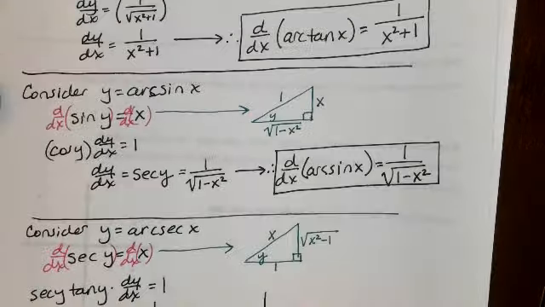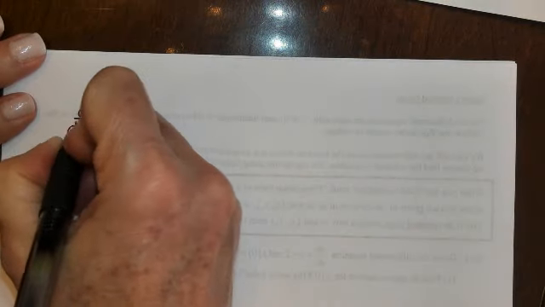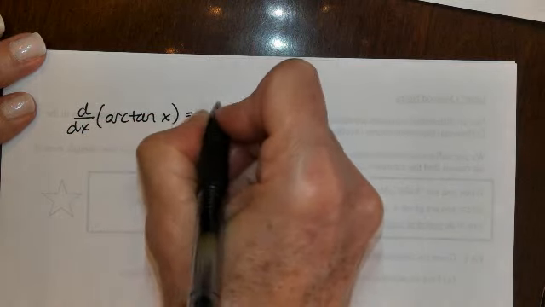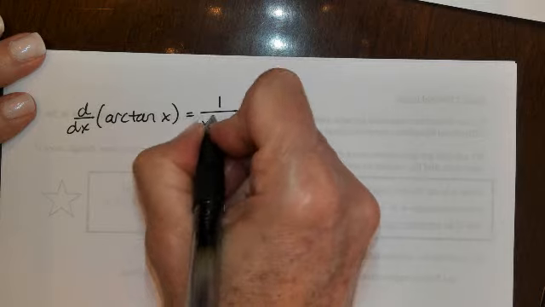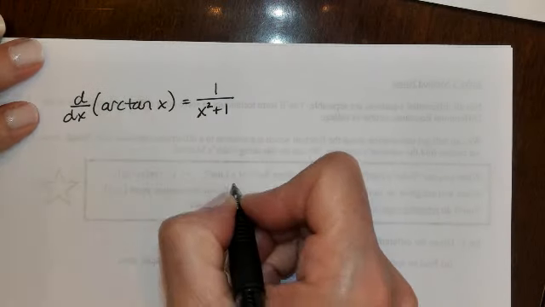Okay, so therefore, let's put it all together. We have the derivative with respect to x of arctan of x, and that is 1 over x squared plus 1.